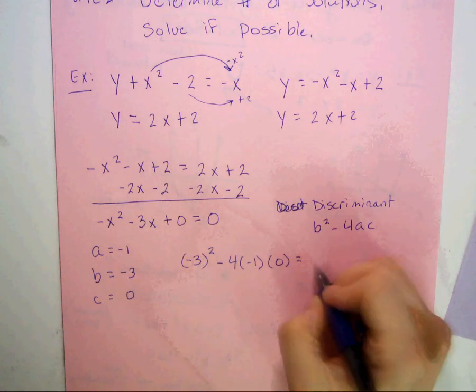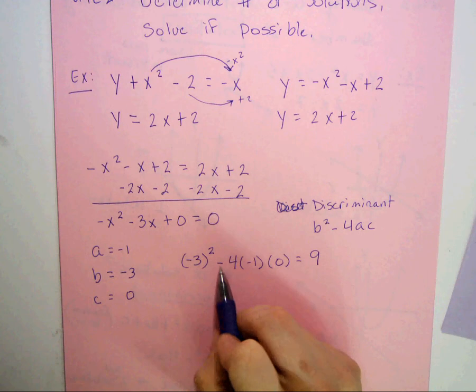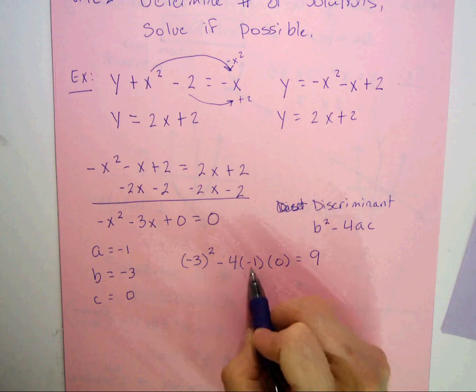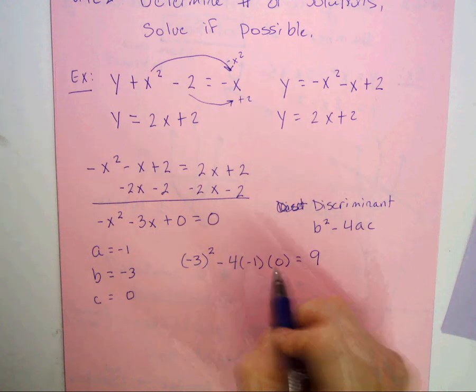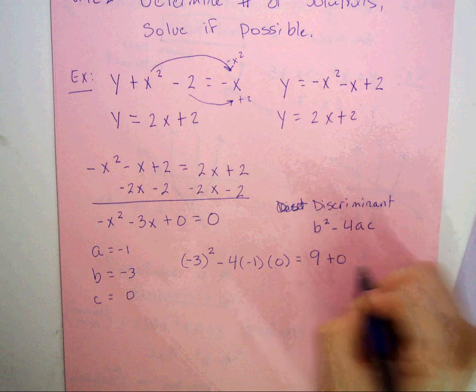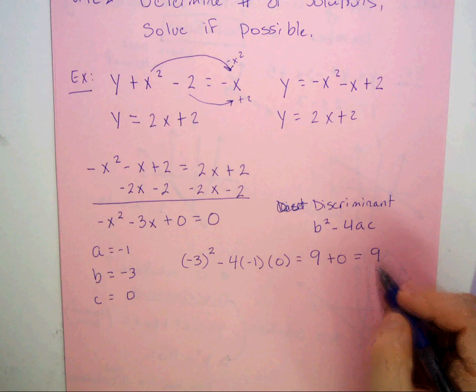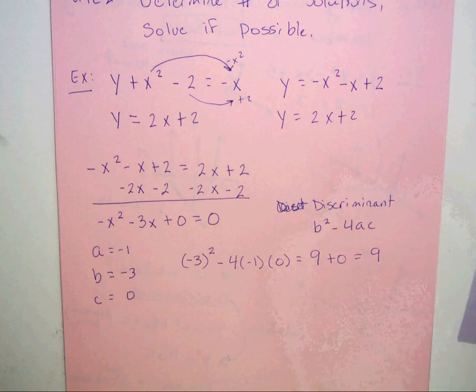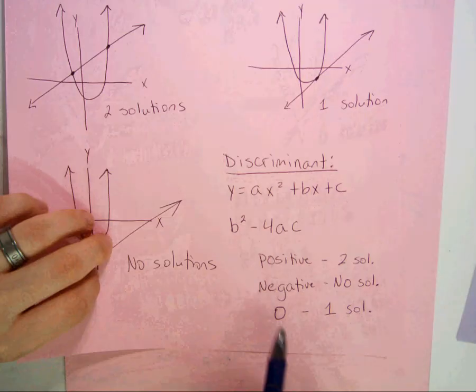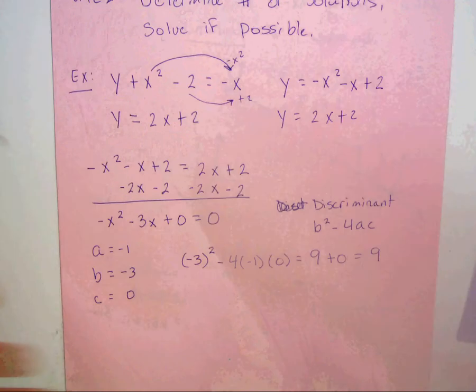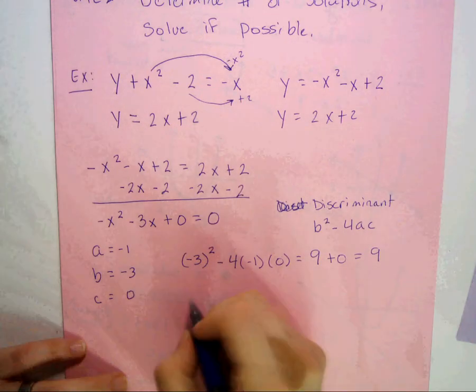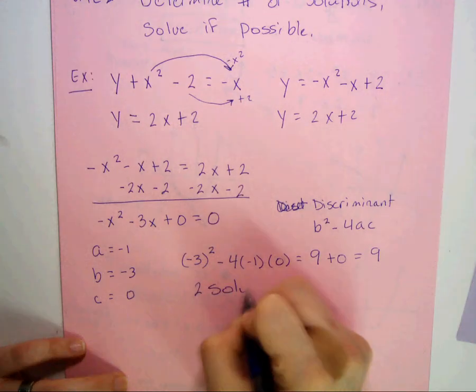So what am I going to end up getting? Be careful, negative times a negative is going to give me a positive, so I have 9. Negative 4 times negative 1 is positive 4 times 0 is 0. So I get 9 plus 0 equals 9. I get a positive number, and if you remember, a positive means what? I'm going to have two solutions.